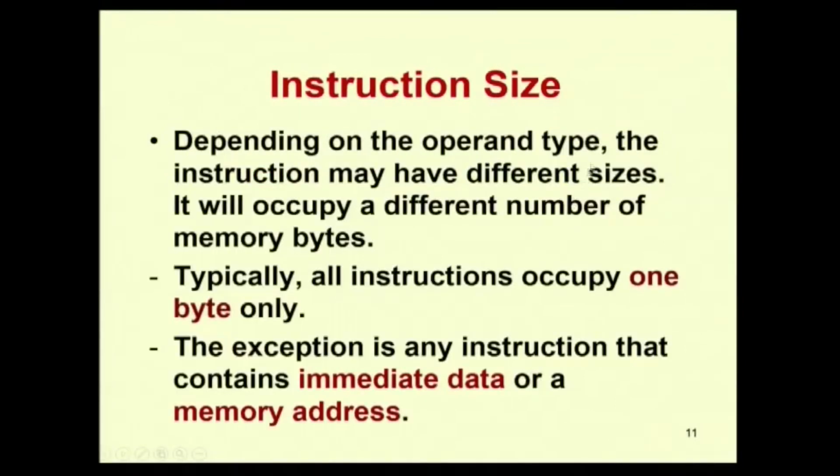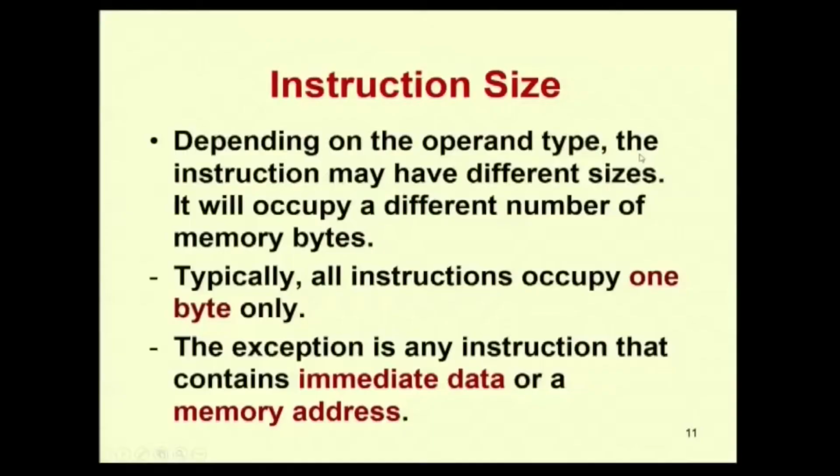Now, let us see about the instruction size. Some instructions may contain an operand, some may not. The operand may be 8 bit, or sometimes 16 bit if you want to mention the address of a memory location.